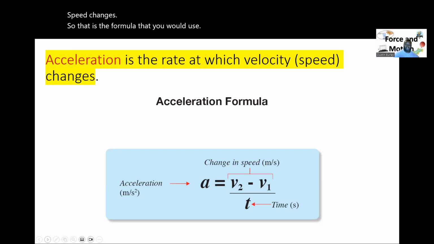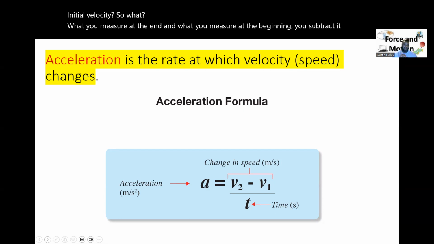So where it says change in speed, the first V2 means final velocity, subtract initial velocity. So what you measure at the end and what you measure at the beginning, you subtract it.